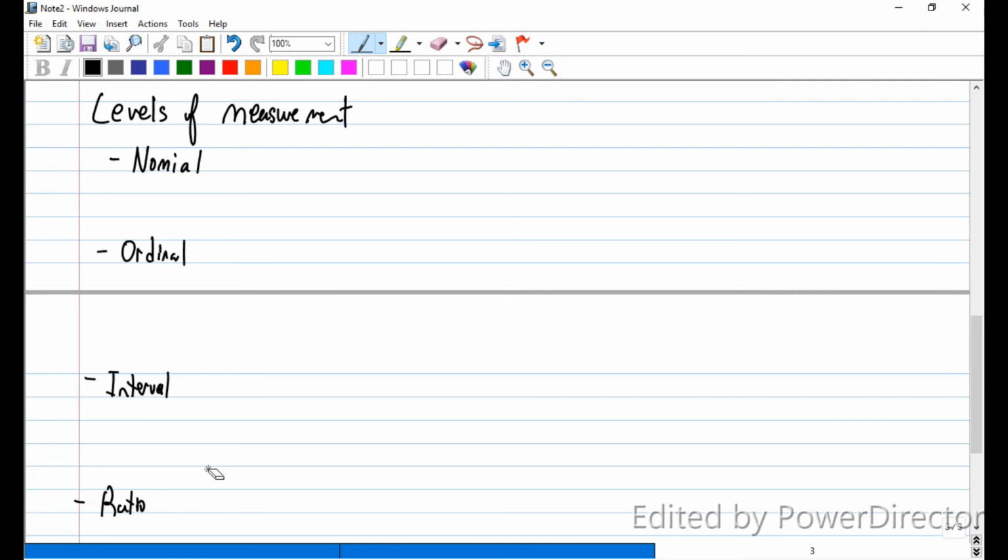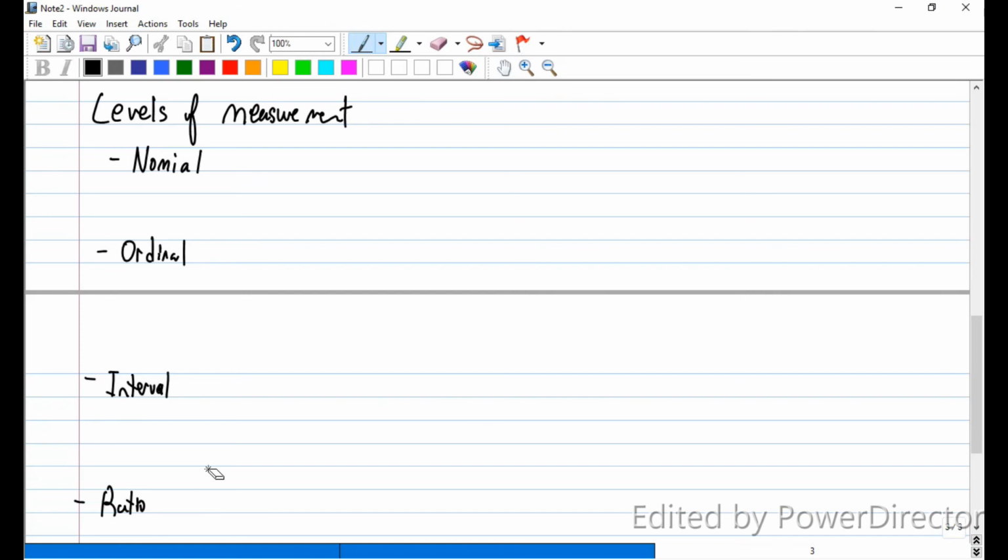And I got them to answer a few questions. So if you look on the page, at the very top where it says, what color are your eyes? That would be nominal. That data is at the nominal level.